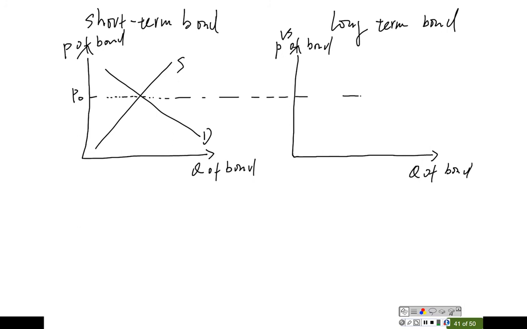Again, we can assume these two bonds have the same initial price, P0. This is the short-term bond, I use S. That's the long-term bond, I use L. That's S. That's demand. You can also show the equilibrium quantity here.